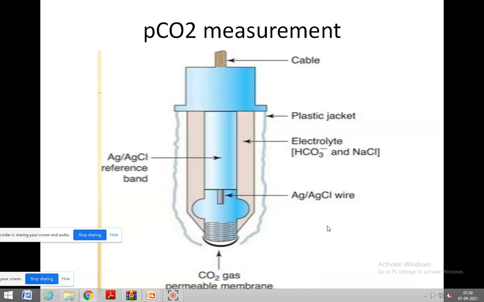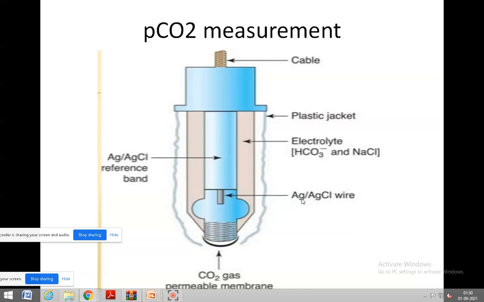Here also you will be using electrodes, a reference electrode and an active electrode, which will have a plastic jacket. The silver chloride electrode acts as the reference electrode, and hydrogen carbonate and sodium chloride are used as the electrolyte substance.